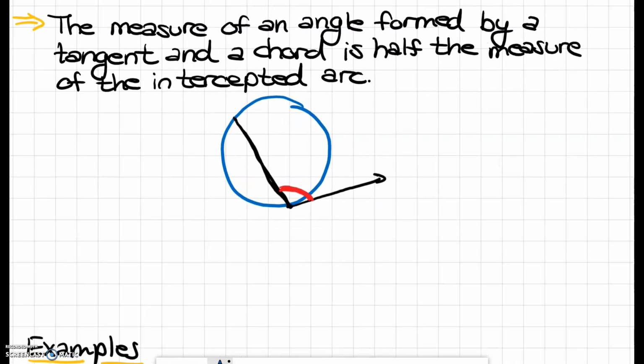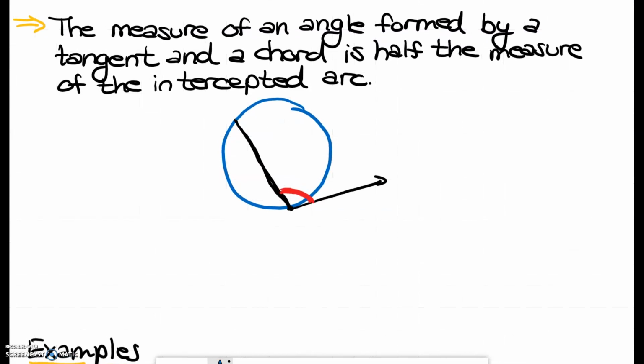And now the last theorem: the measure of an angle formed by a tangent, and here's your tangent right here, and a chord. Your chord is right here, and it connects two points on the circle. So this is your angle. This angle in red is formed by a tangent and a chord.